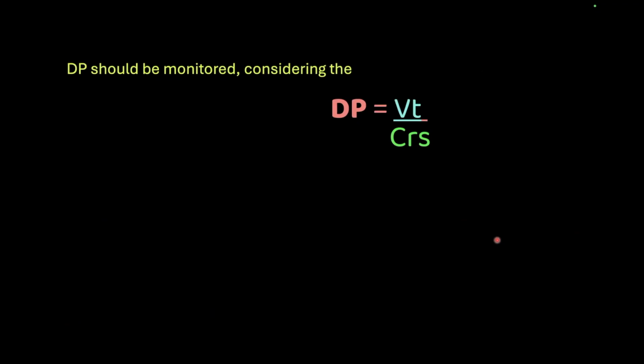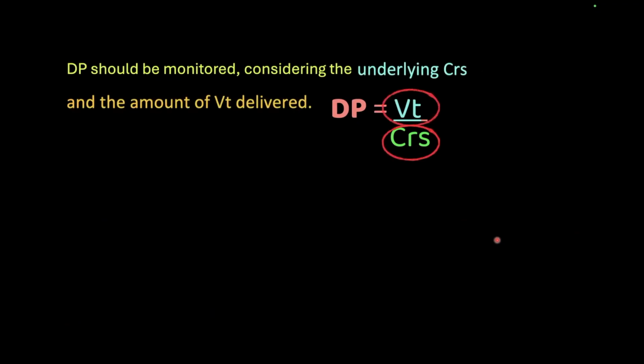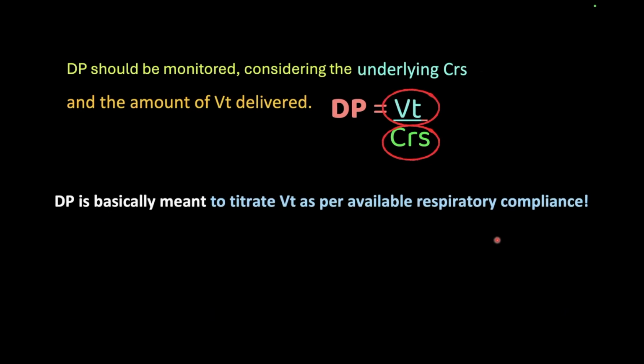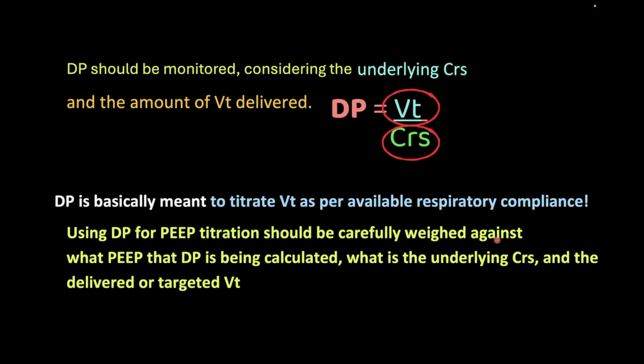Driving pressure should be monitored considering the underlying respiratory compliance and also the amount of tidal volume to be delivered. So driving pressure is basically meant to titrate your tidal volume to the available respiratory compliance. And if you are using driving pressure to titrate PEEP, then you need to always understand what PEEP you are measuring that driving pressure at, what the underlying respiratory compliance is, and what tidal volume is being delivered.